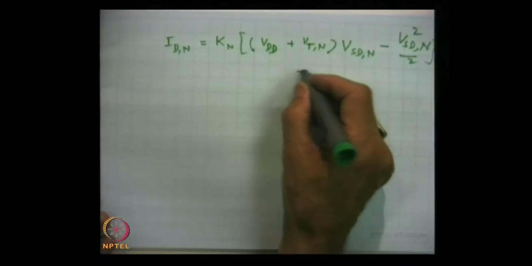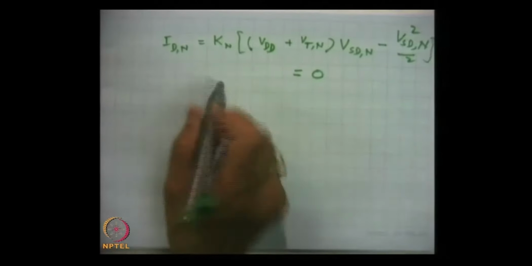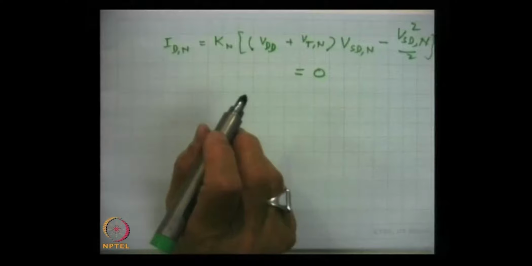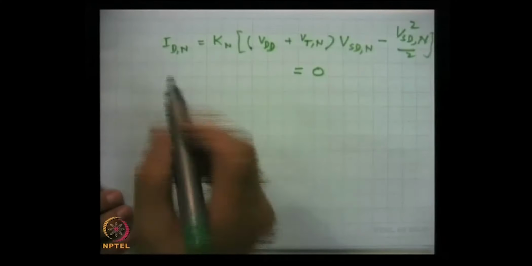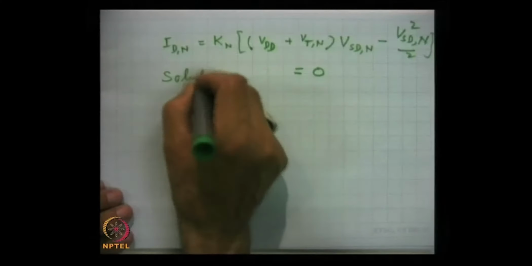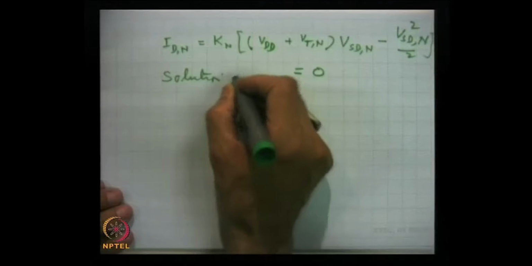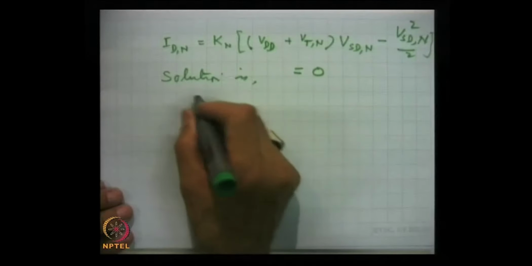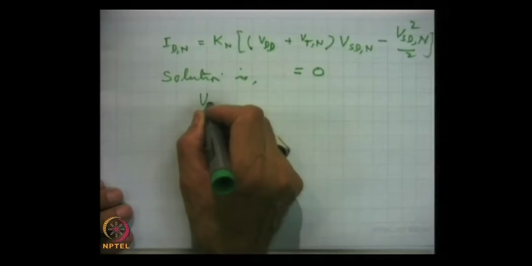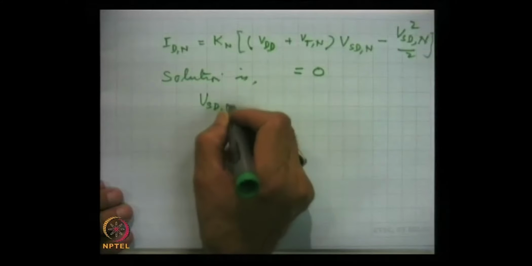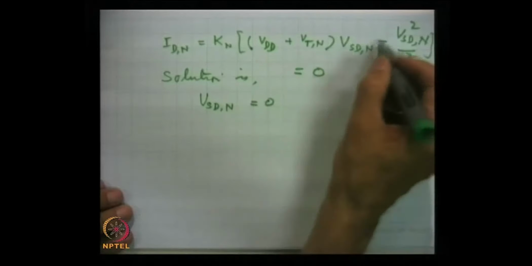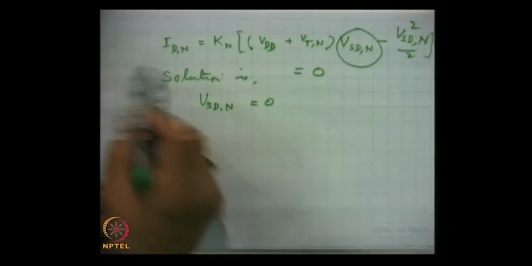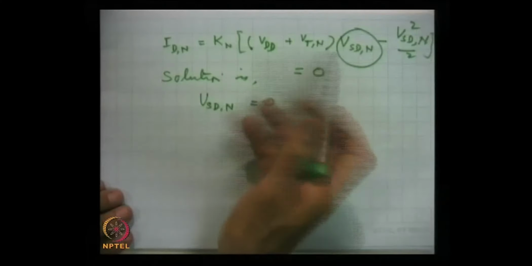This is equal to 0, and the solution of this equation is that VSDN is equal to 0. This has to be 0 only, because other quantities are not 0.